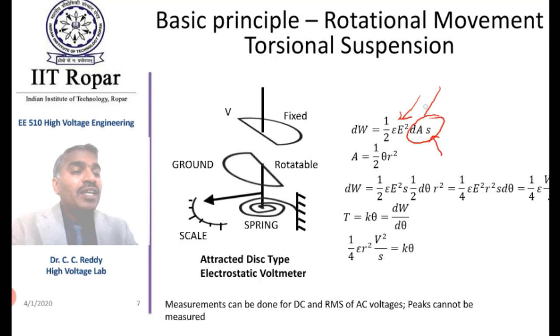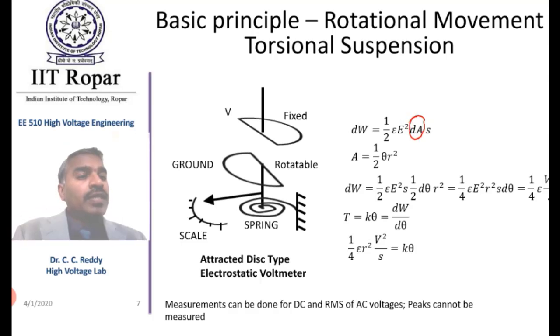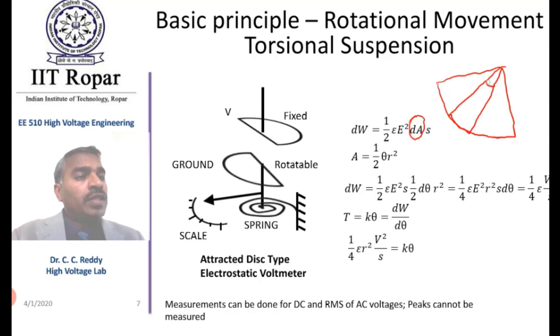Now dA is variable, and what is the area? Area common to two sectors like this, two electrodes. This is the upper electrode and this is the lower electrode. If theta is the angle of alignment, then half theta r square, where r is the radius of this one electrode.